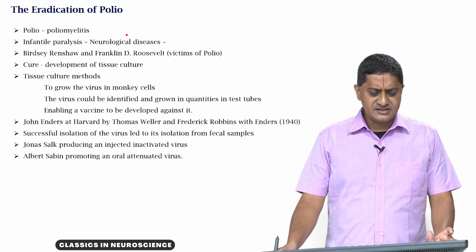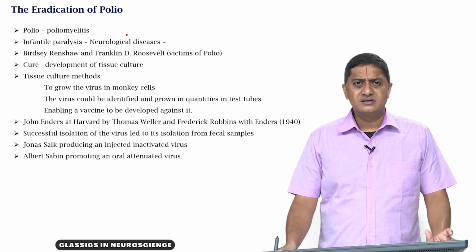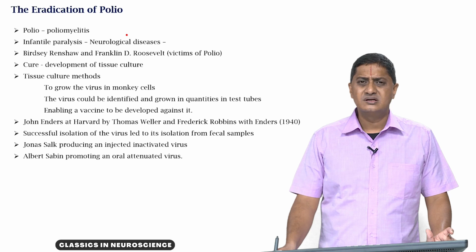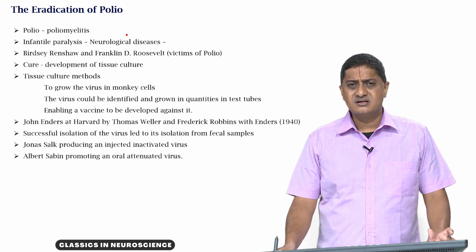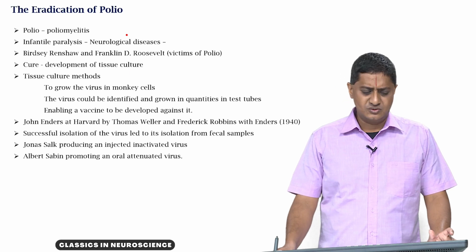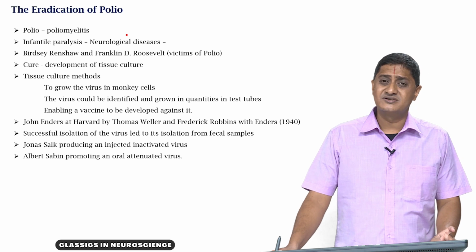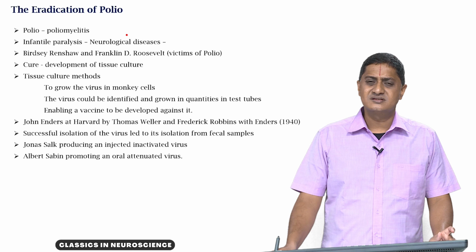So, poliomyelitis essentially is a neurological disorder that is also called infantile paralysis, due to a virus. Famous people who were affected by polio include Percy Renshaw, the person who discovered the Renshaw cell. Remember, we have discussed this.